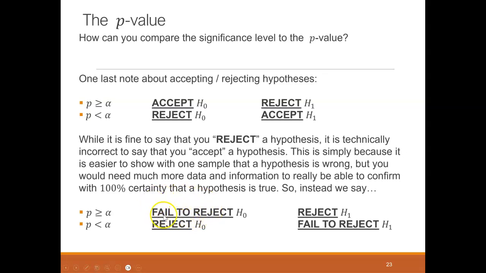So again, you can say evidence in support of, or you could say fail to reject, I guess is what I wrote here, instead of accept. Fail to reject or evidence in support of are also acceptable, but try to stay away from the term accept unless we're having casual conversations, right?